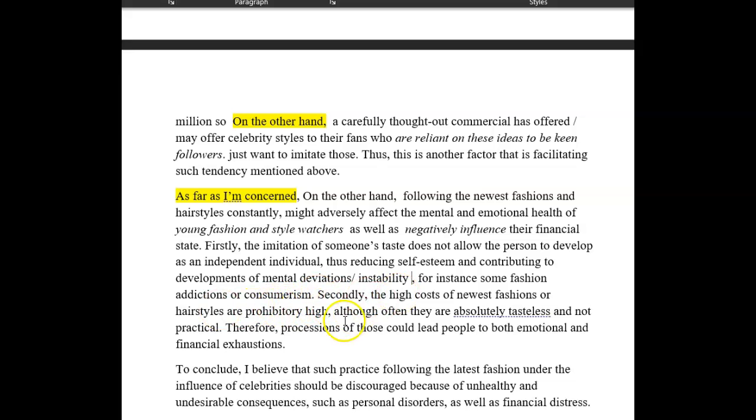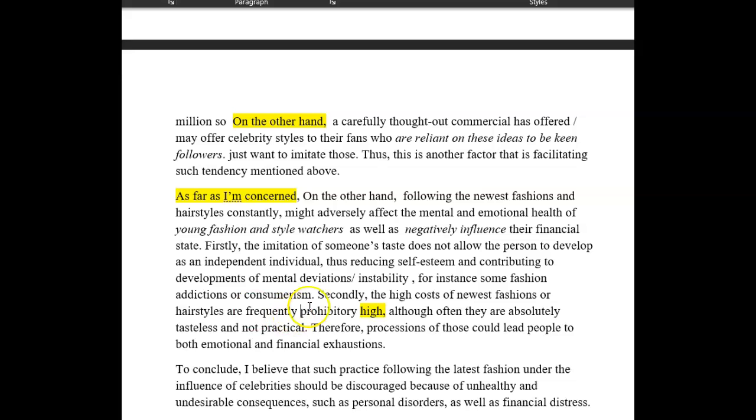Now, the high costs are prohibitively high, so you don't want that. The high costs are frequently prohibitory. You could have it like that. Although often they are absolutely tasteless and not practical. Yeah, absolutely.